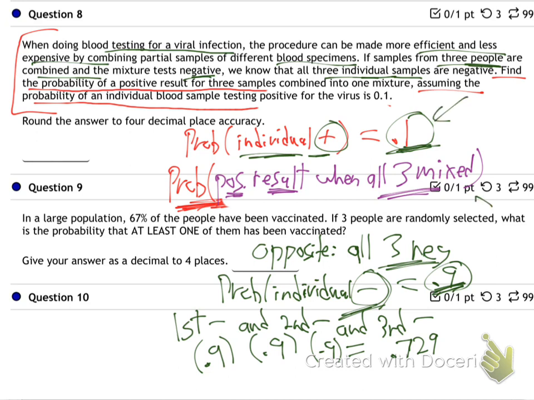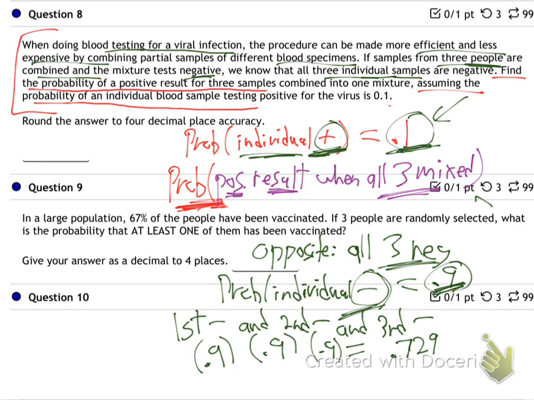From the 0.1. So if there's a 0.1 chance of rain tomorrow, what's the chance it won't rain? Opposite, right? If there's a 0.1 chance of positive test result, then there's a 0.9 chance of negative, isn't there? For one, just for one. You with me on that?